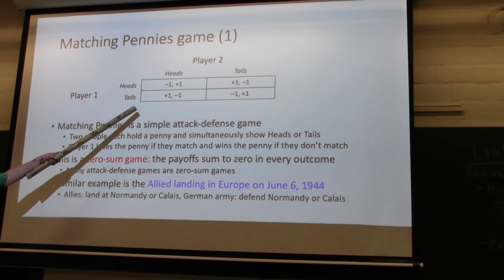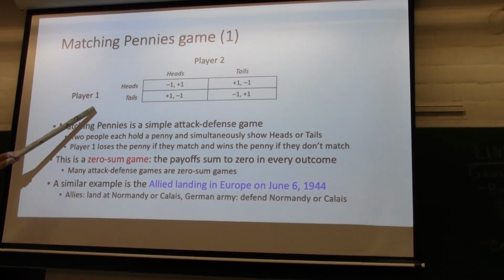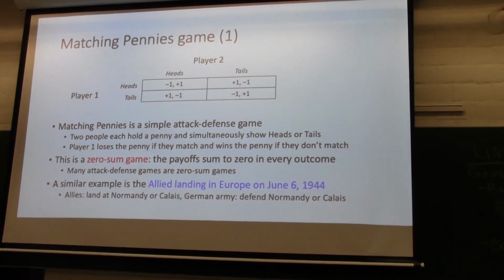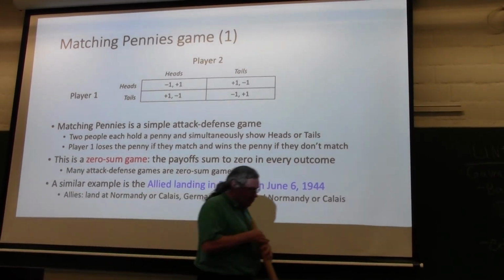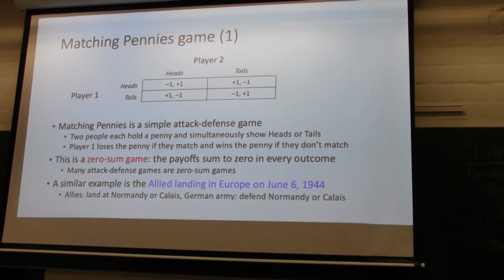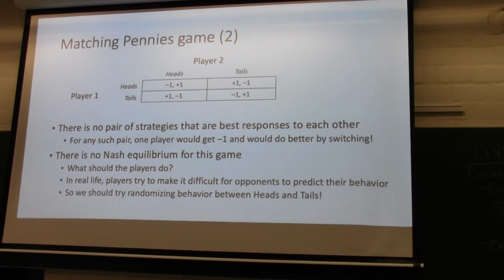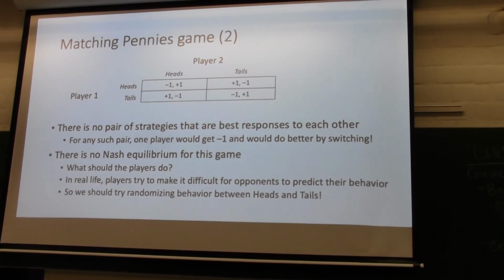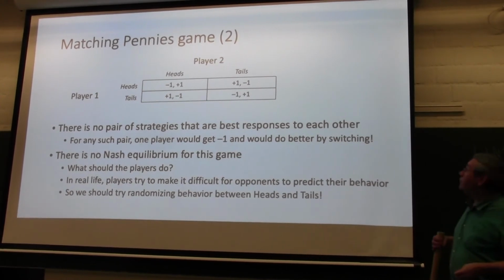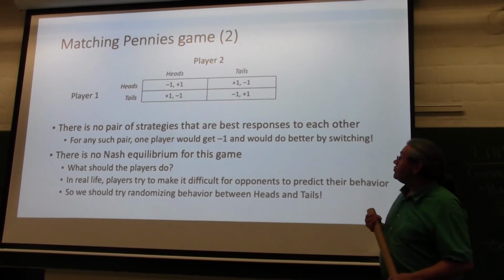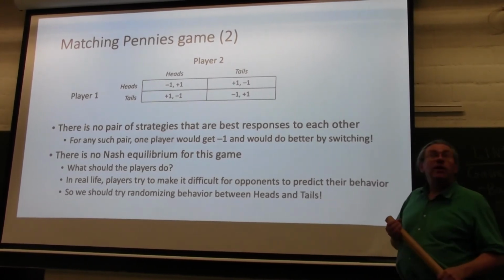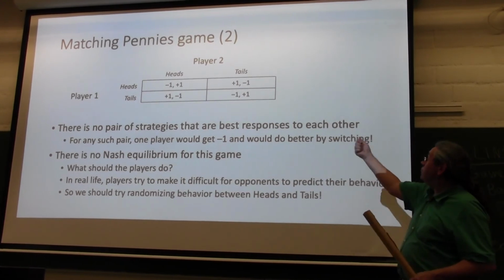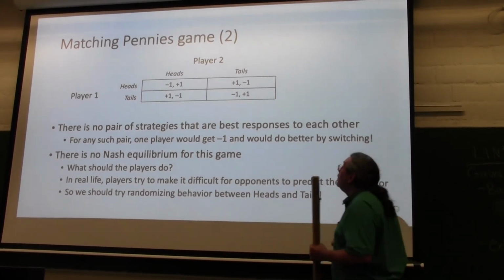So how do you play this game? That's the question now. How do you play matching pennies? What's the best way to play this? Okay? So there are no best responses to each other. So there's no Nash equilibrium if you pick one strategy, okay?